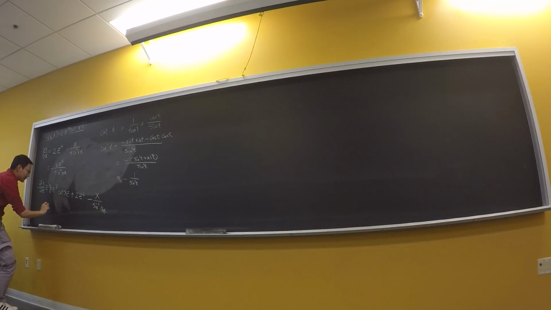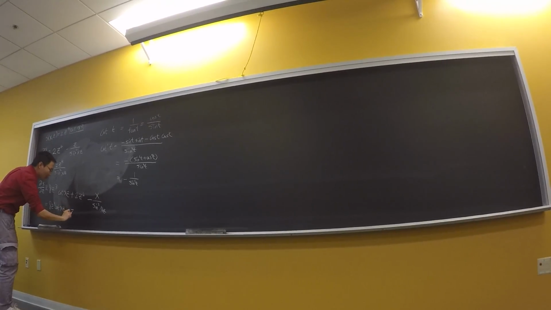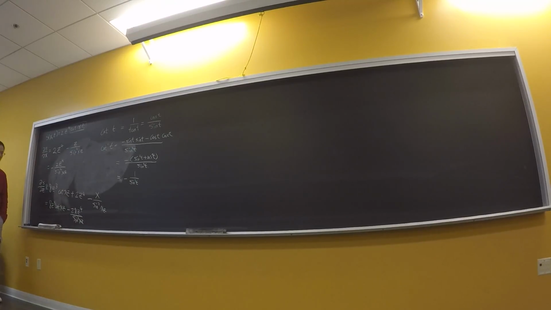So in the end, it's going to be 8z cubed cotangent xz minus 2xz to the fourth divided by sine squared xz. Okay? So that's our partial derivative.